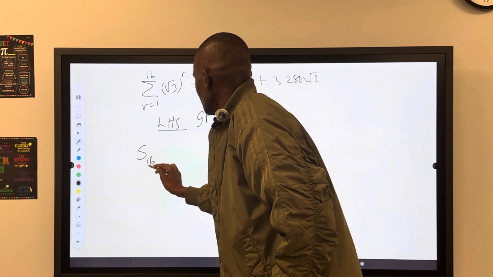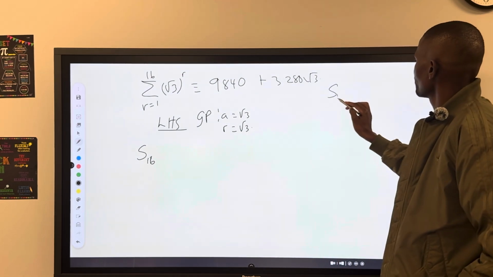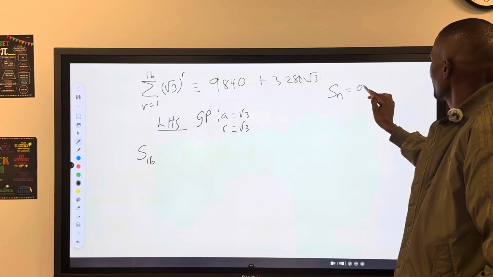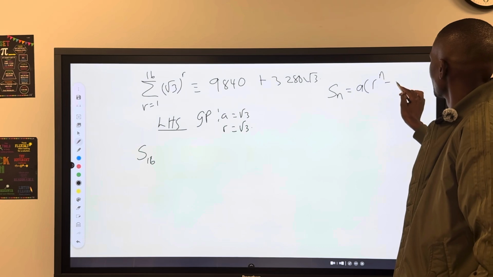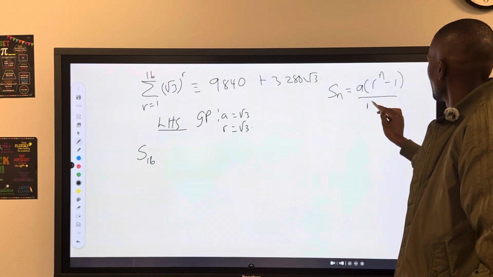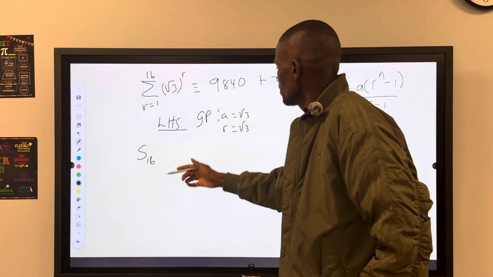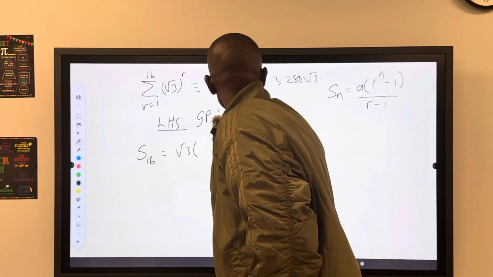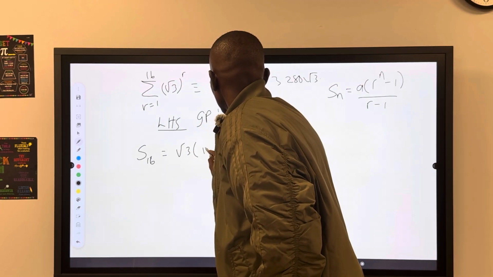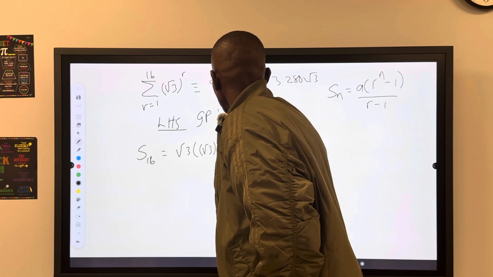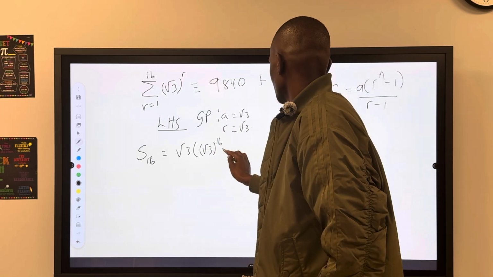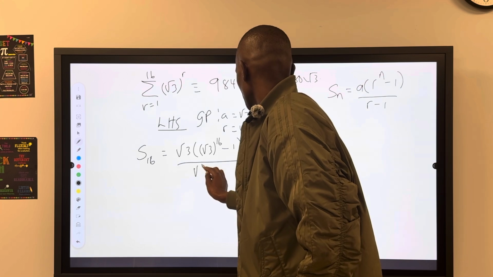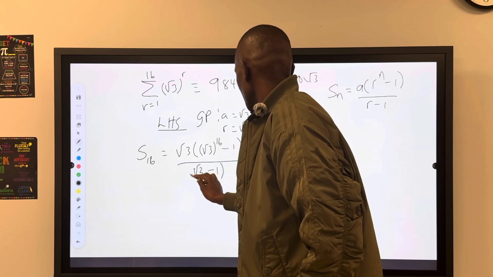Remember, for the sum of n terms, since r is more than 1, we are going to use a(r^n minus 1) over r minus 1. So the sum of 16 terms is my a, which is root of 3, times root of 3 to the power of 16 minus 1, over root of 3 minus 1.